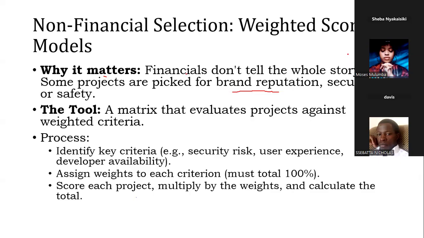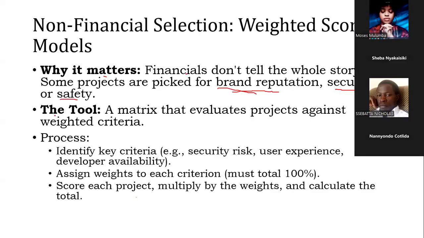So, for example, Uganda Matters University one time had the Cisco Academy, but after a certain time, they couldn't afford it. That's why Huawei came in. So these are brand issues. There are situations where someone may choose Cisco over Huawei simply because of quality of service, things like security and safety. These are things that may be considered over the financials.